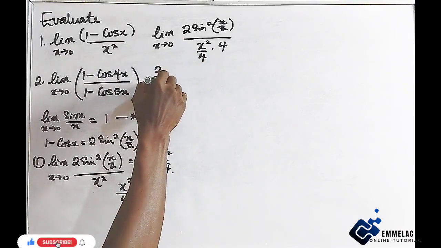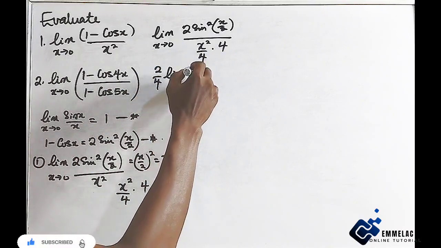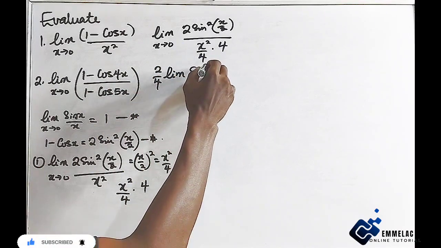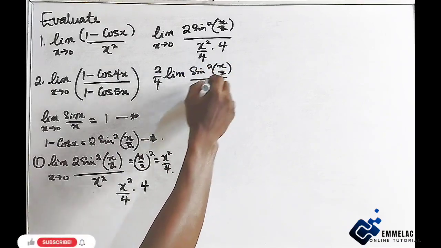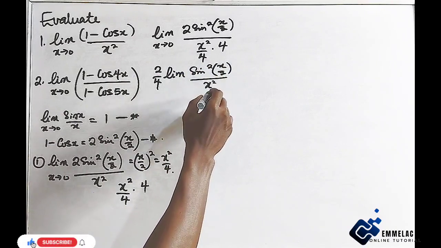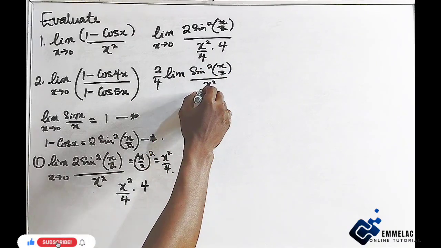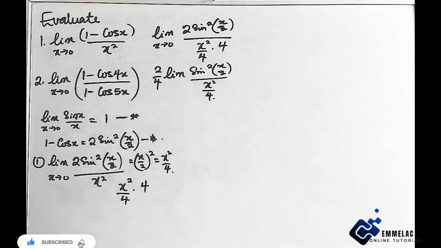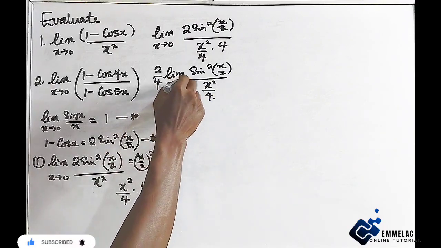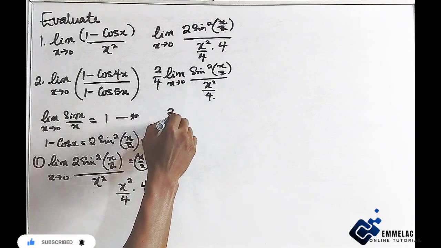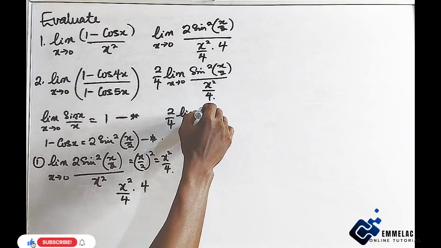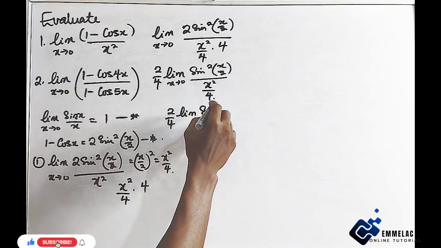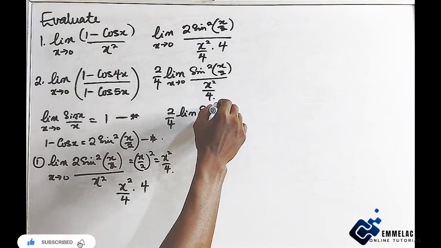Here you have 2 all over 4, the limit of sine square x over 2 all over x raised to power 2 then all over 4, as x tends to 0. So here we have 2 all over 4, the limit of, take note, the same thing as saying sine x all over 2.